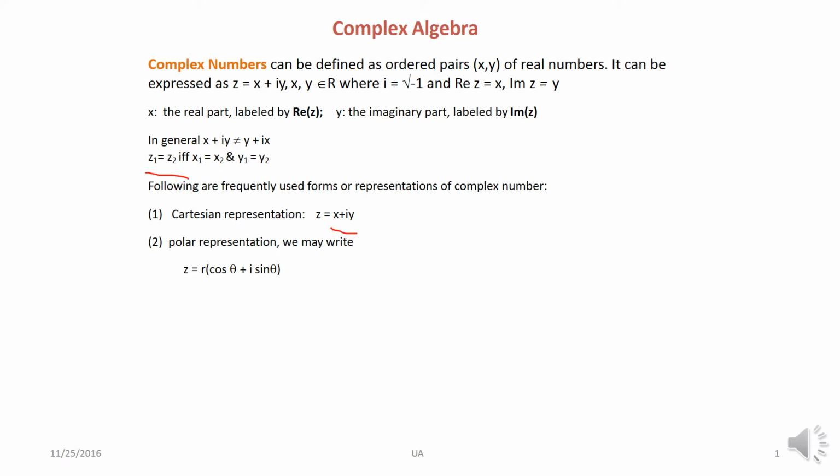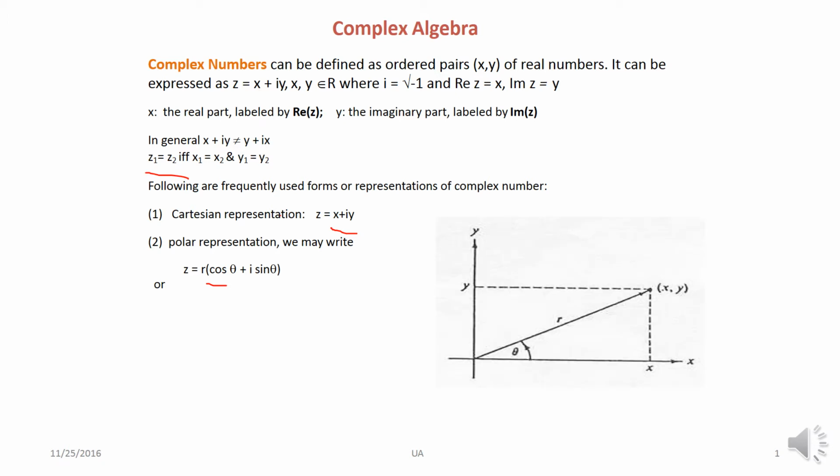If we compare these two, z = x + iy and z = r(cos θ + i sin θ), we may write x = r cos θ and y = r sin θ. Or in another form we can write z = r e^(iθ). So this is r and this is e^(iθ).